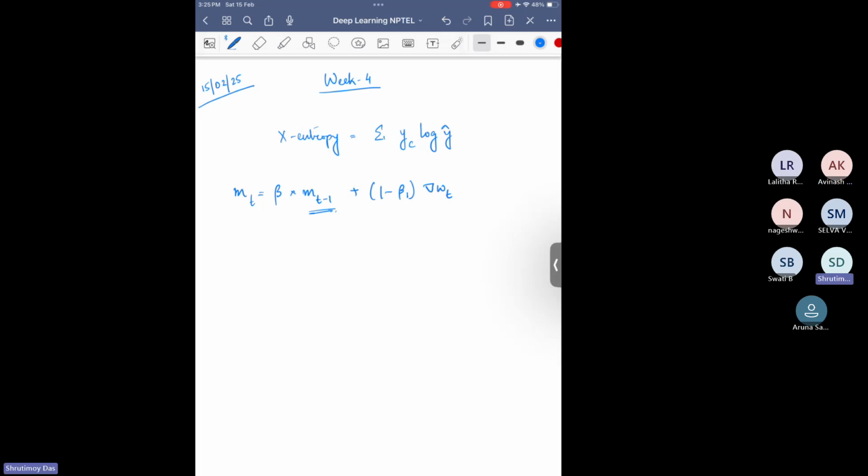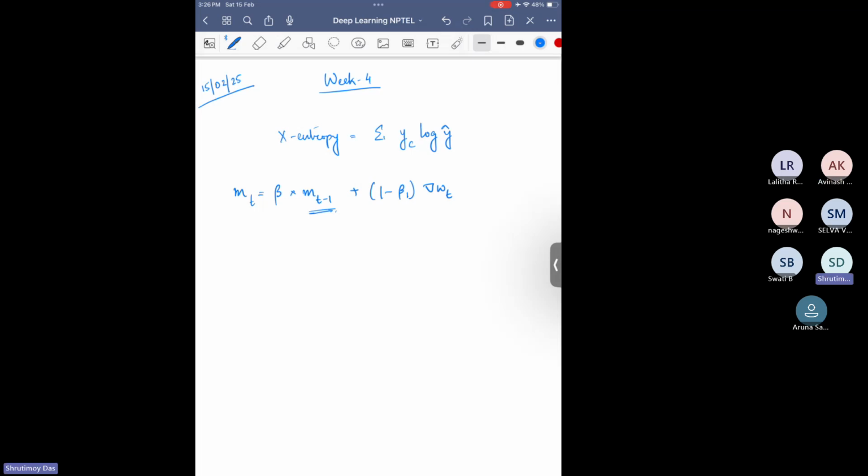Because you are taking this over many points, you take one point, calculate your momentum, take another point, calculate your momentum, and on average you want to estimate the actual momentum or actual gradient of the curve.